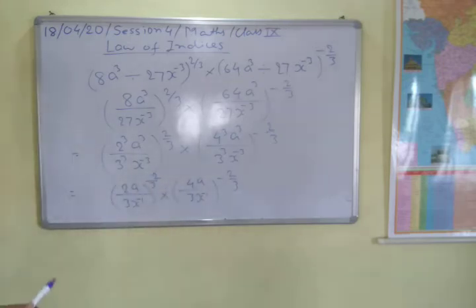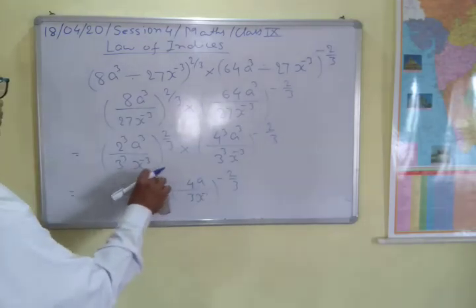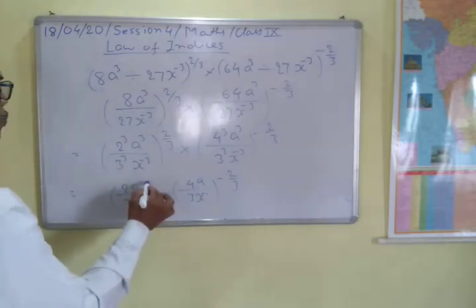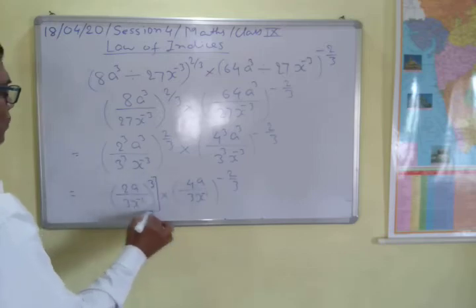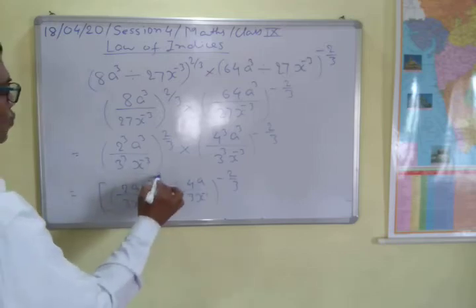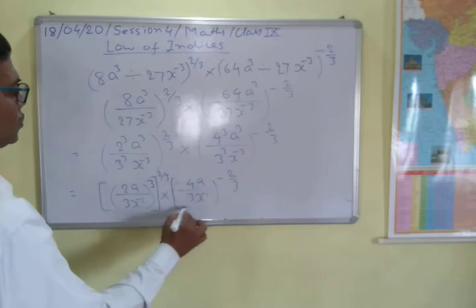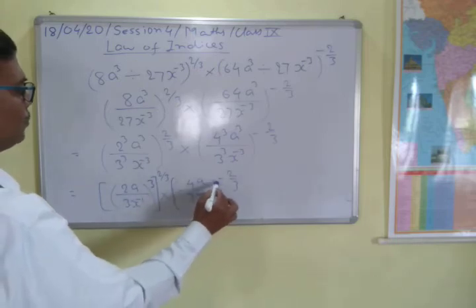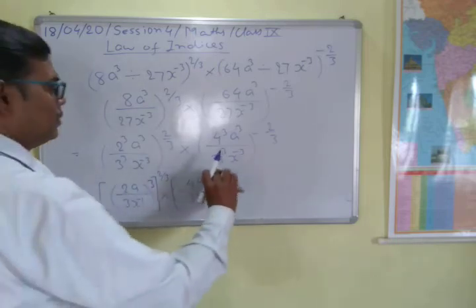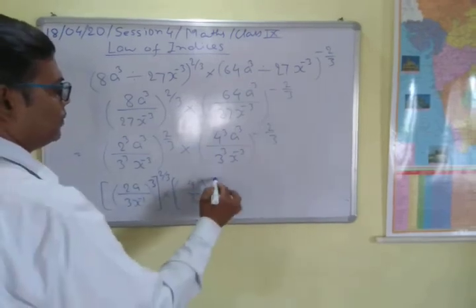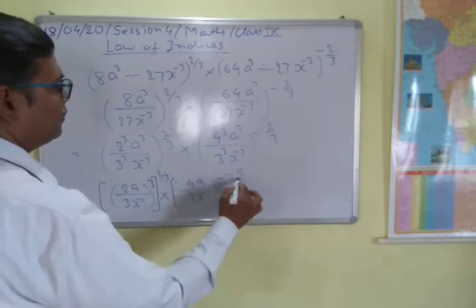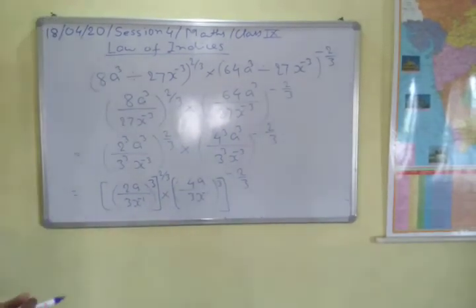Now next is, no, this is not correct here. That is, this will be whole cube and this to the power 2 by 3 here, and here also this will be a cube, and the power of this will be minus 2 by 3. Now it is right.